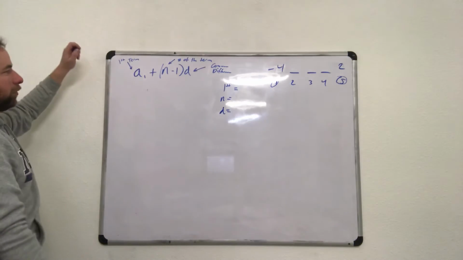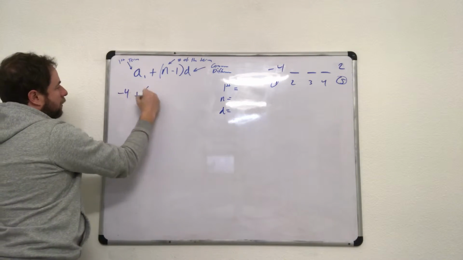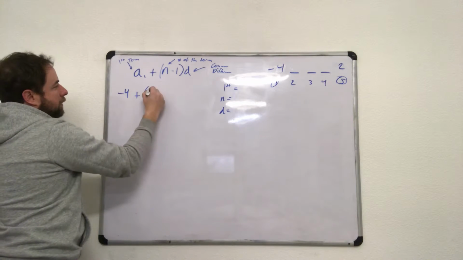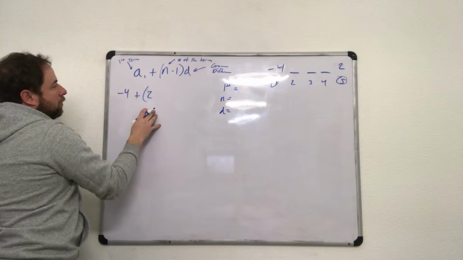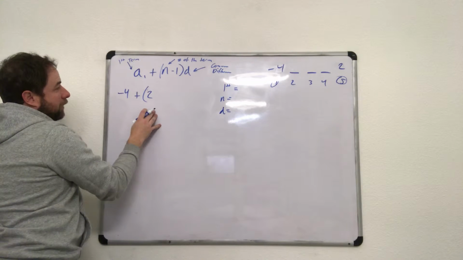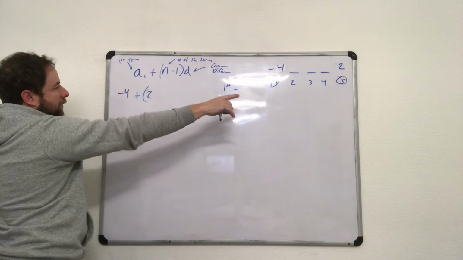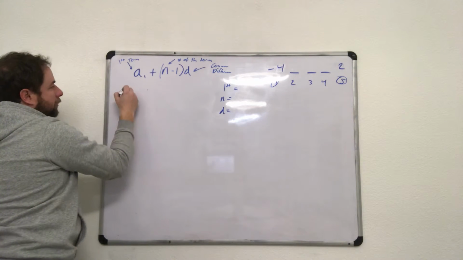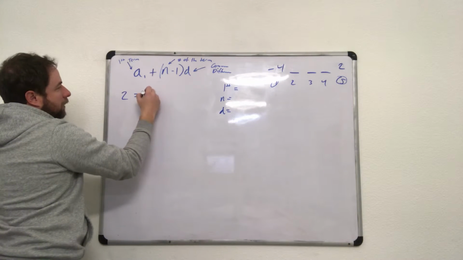So we use the same formula. A1 is negative 4, n would be the number of the term, and we would have to find the common difference. That's pretty easy to do. Let's find the 5th number. The 5th number is 2, we know that because it was given to us.